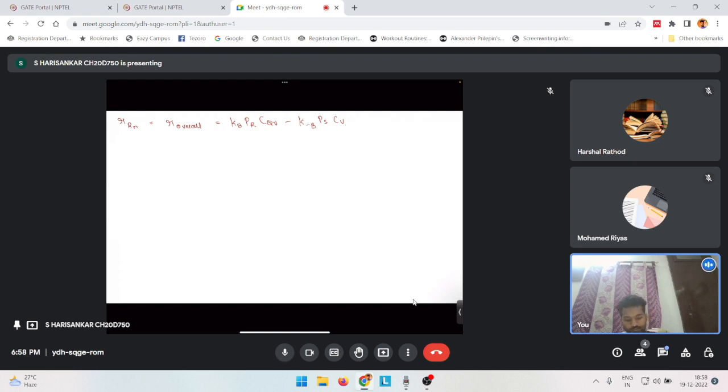So what we'll do is we'll substitute CQV and CV in this equation.